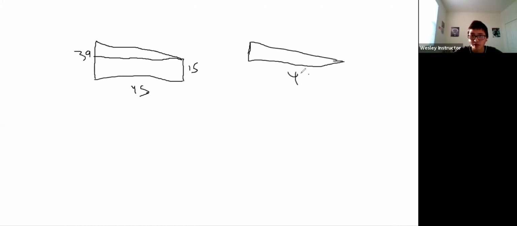So the bottom part is 45, but I want to find what this part is. Well, this pole is 39 feet, this pole is 15 feet. So that means this bottom part here is 15. So I just subtract 39 minus 15, and that equals 24.